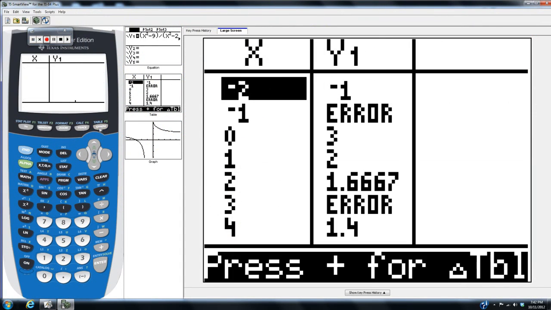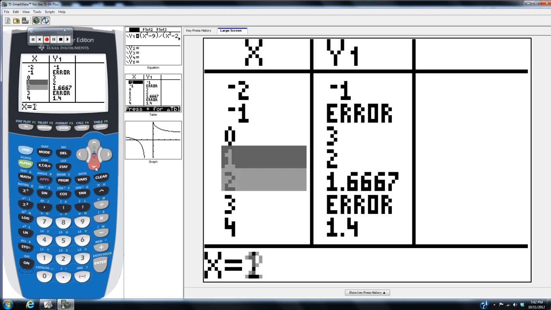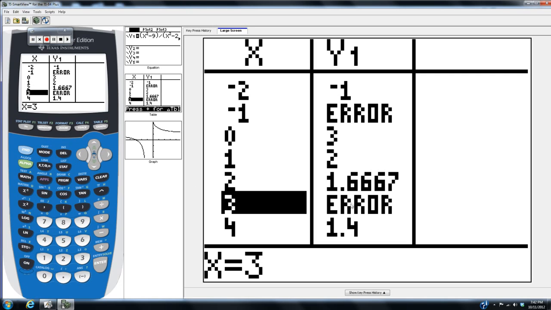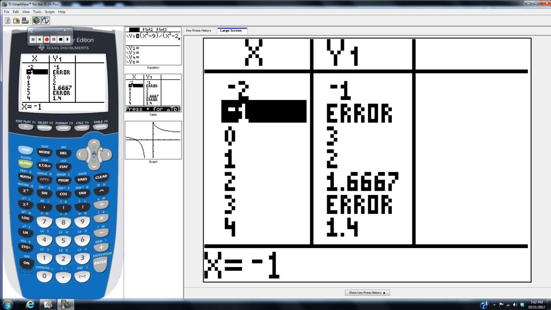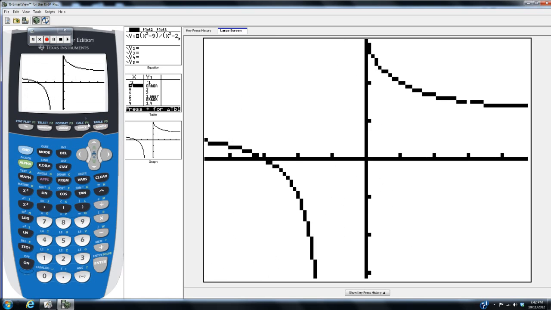Now, when you go to your table and look where x equals 3, you have an error, and that's because we're going to have a hole. You also have your error at your asymptote. But when you go to the graph, it's hard to see, and you have to kind of zoom in.